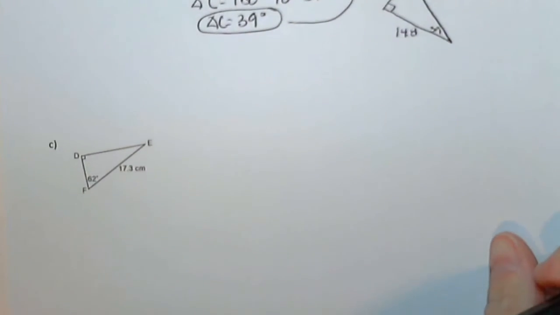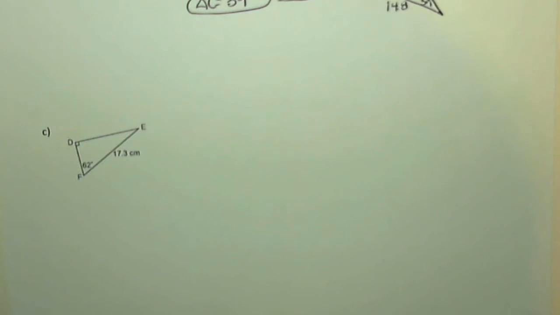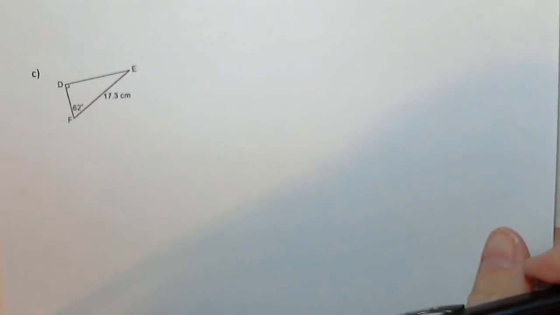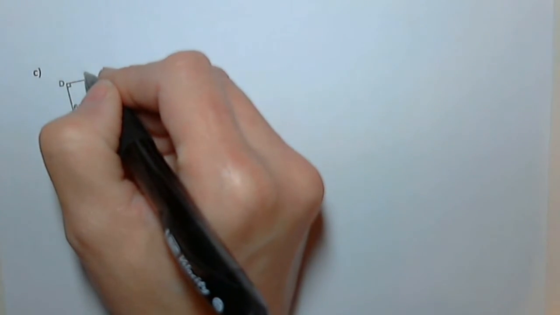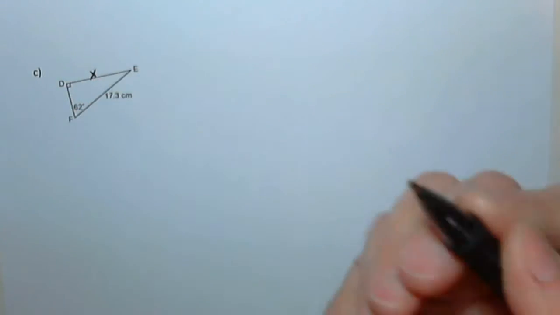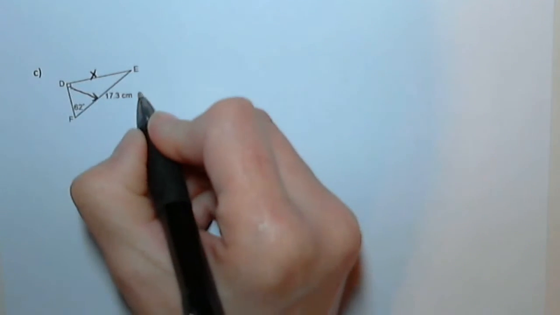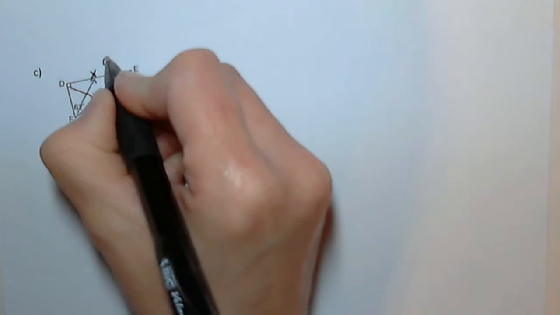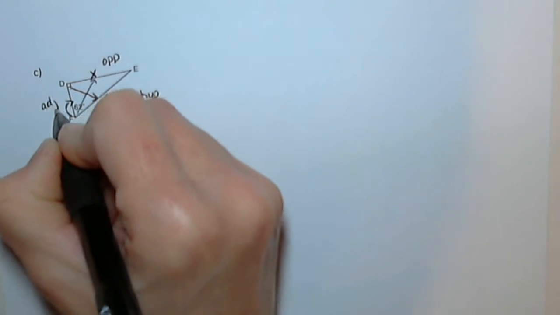The next example is at the bottom here, and this is the last one, and again you need to decide what you're going to find. Now, I'm going to begin this question by actually finding an unknown side, and I'm going to find this side right here, and I'm just going to call him X. So we have our angle, we have our hypotenuse, we have our opposite, and we have our adjacent.